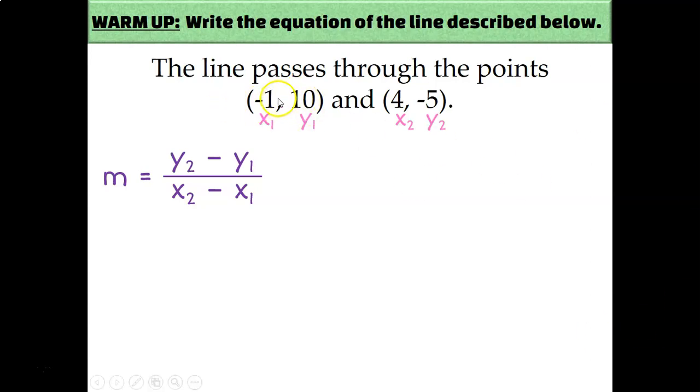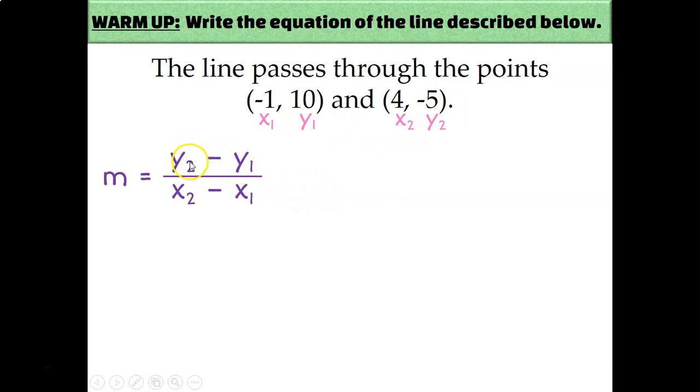Well, the first number is always x, and the second number is always y. So it's always x and then y, x and then y. It's alphabetical. And then I just put 1's as a label on my first pair of x and y because it's the first point. And I put 2's on the second pair of x and y's because it was the second point. Labeling each of your numbers with an x1 or a y2 or whatever really makes filling in your slope formula a lot easier.